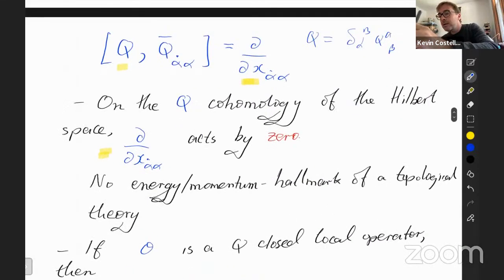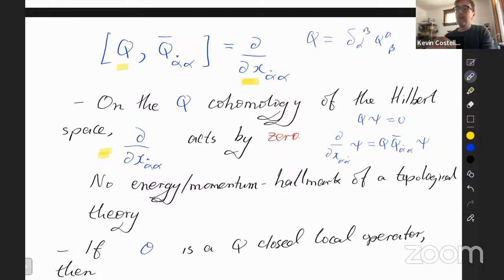So I didn't write out the equation that does that. If I take a state psi which is Q closed, then its derivative, if I hit it with translation in some direction, looks like this. Because here, the term where I move the Q past the Q bar is 0 because Q psi is 0. And this is equal to 0 in cohomology.